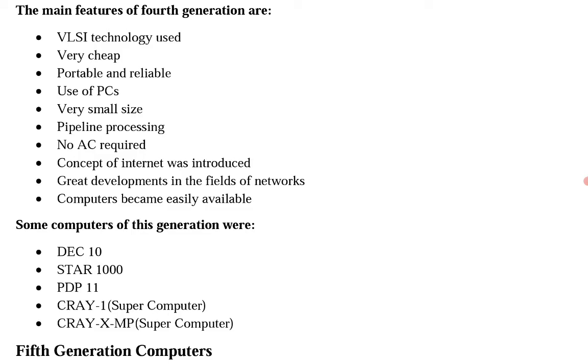The Internet was introduced at that time, and networking was also introduced, and very easily available. People buy them because they are very cheap in cost. Examples are DEC 10 like that.